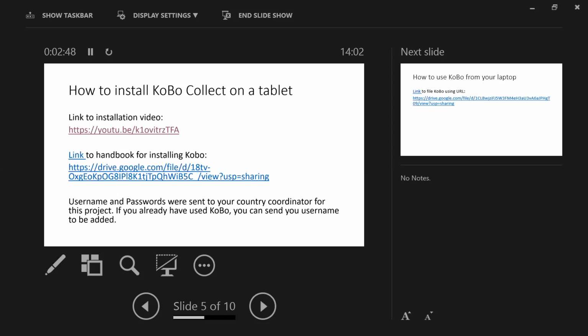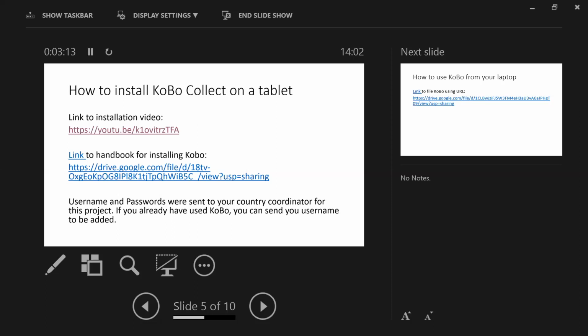Yes, so to be able to access our questionnaires, they need to have the username and password. Otherwise, when they download Kobo Collect, they will not be able to access our forms. So this can be done if the enumerator comes to the office. You can install it for them using the username and the password, and then they're ready to go. It has all the functions.